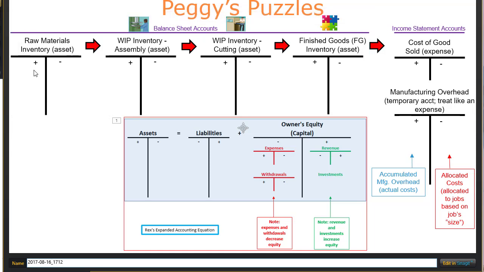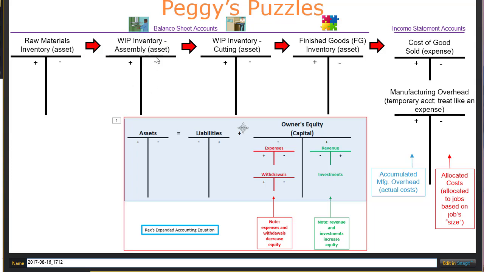Raw materials are purchased. They come in raw materials inventory, and then they go into the first process, also called a department. Once the units are done in this assembly department, they move over to the cutting department. This company creates puzzles. The puzzles are assembled here, which just means that the picture is glued to the cardboard.